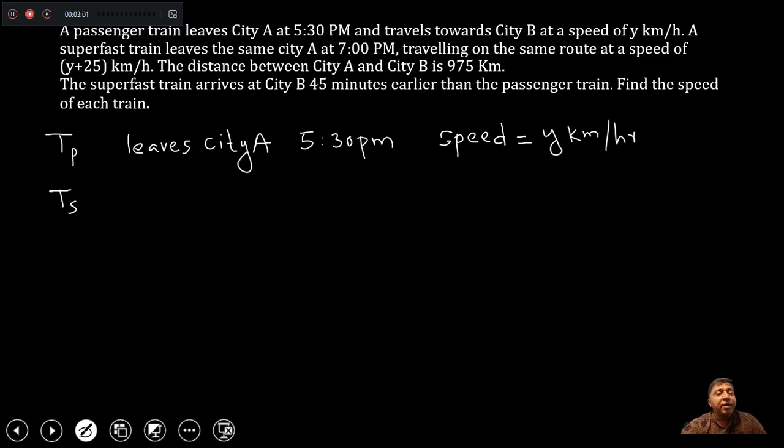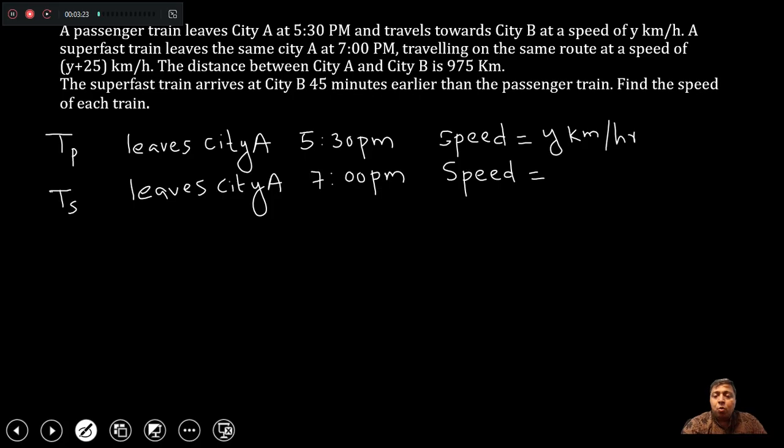I denote that as T suffix S. Again, leaving city A towards the same city B at 7 p.m. with a speed of y plus 25 kilometers per hour.